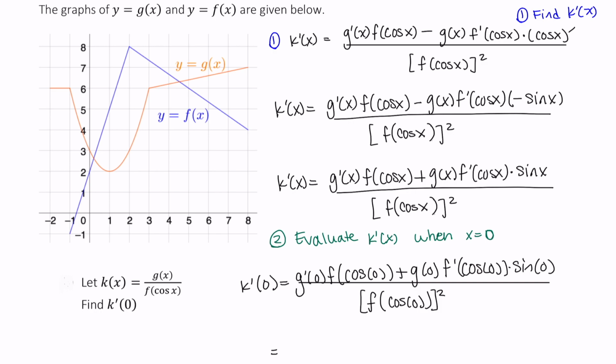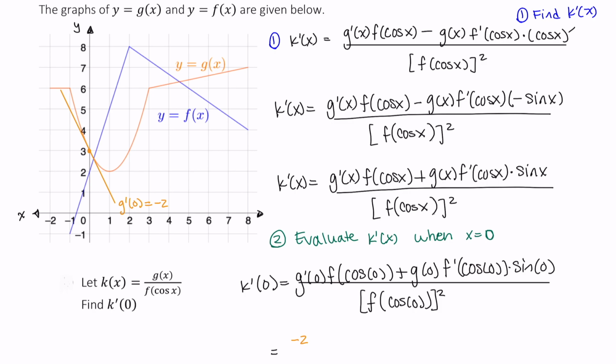So let's look. When x equals 0, we're along the y-axis here. And the slope of this line, get a straight edge, please, and draw a tangent line here. Okay, so as you can see, I went ahead and drew the line tangent to g when x equals 0, and the slope of this line goes down 2 over 1, so the slope of this line is negative 2.